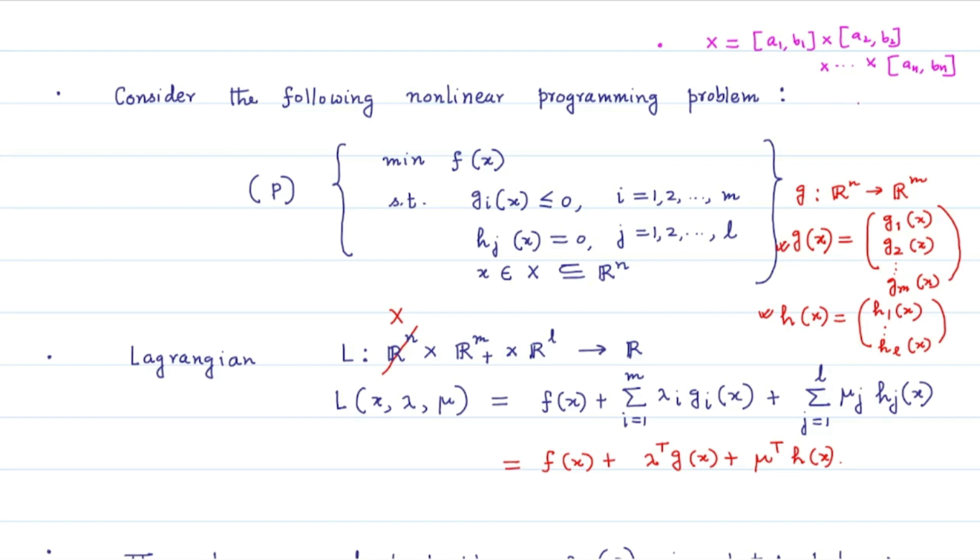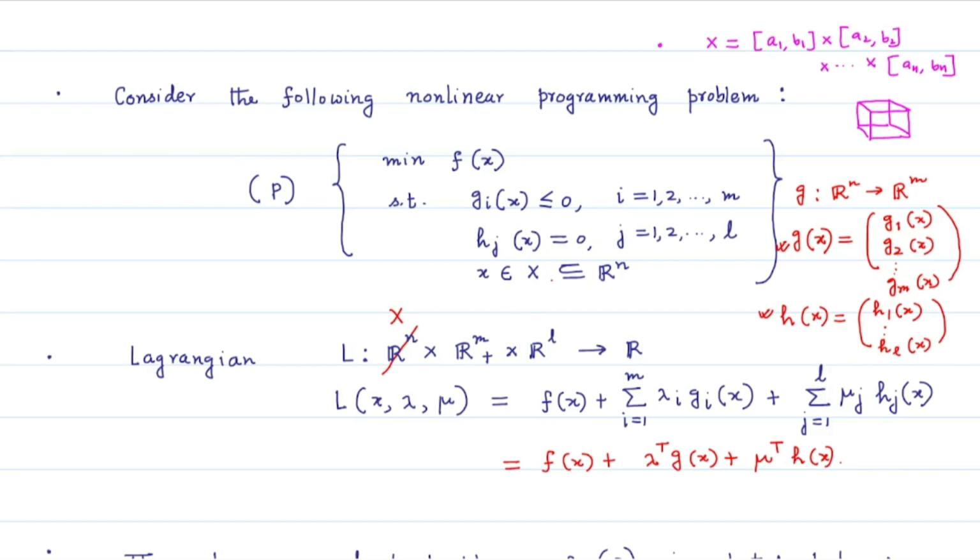Geometrically this set capital X gives us a rectangular parallelepiped, or a box kind of thing. We commonly refer to the set capital X as a box constraint.